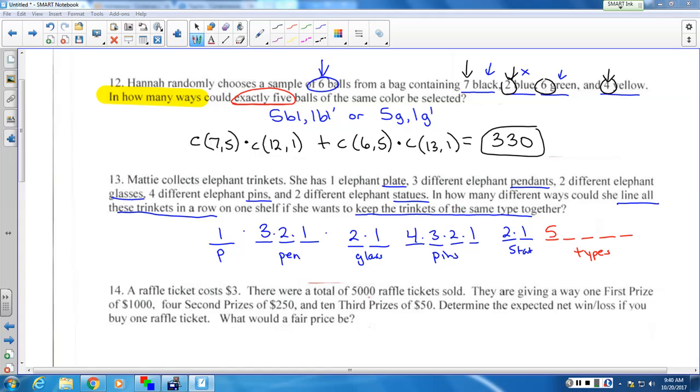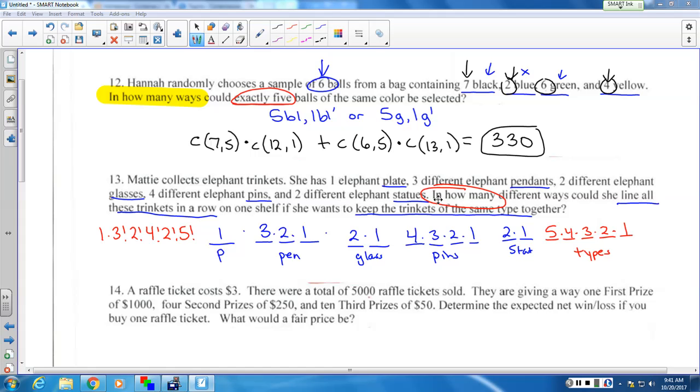And so multiplying this together, I'd have 1 times 3 factorial, 2 factorial, 4 factorial, 2 factorial, 5 factorial. It said in how many ways, and so I'm not dividing by anything. So I'm going to type this in.